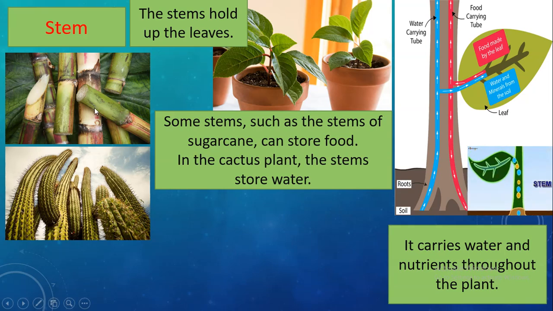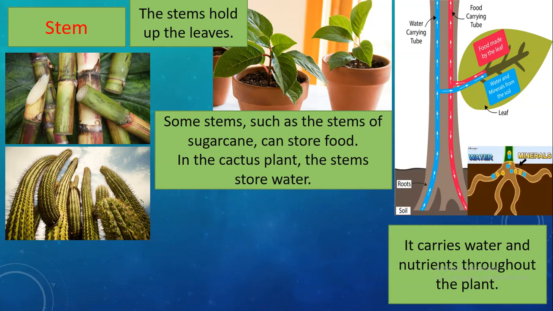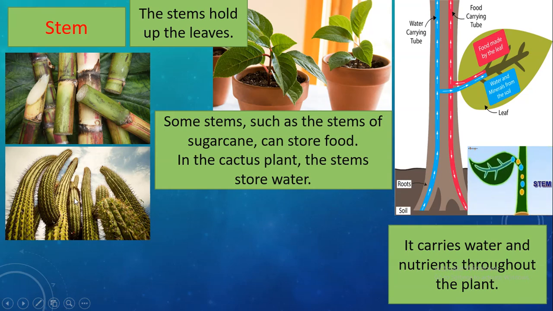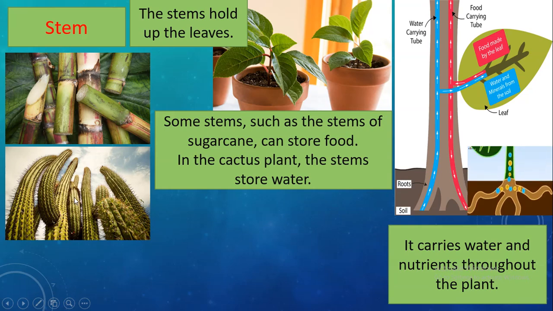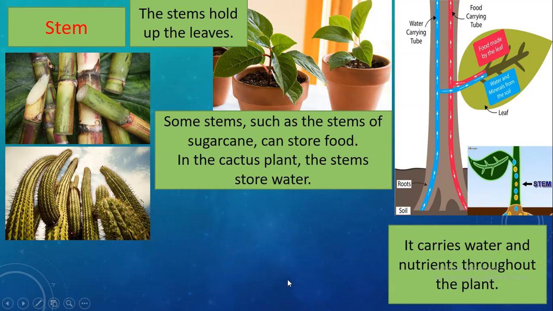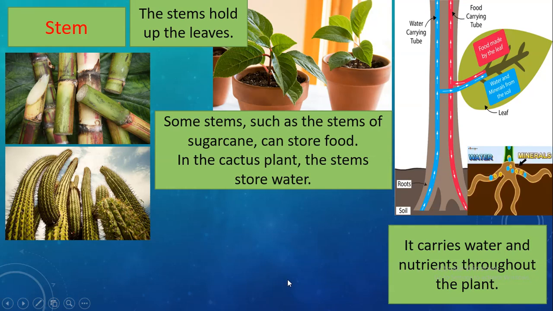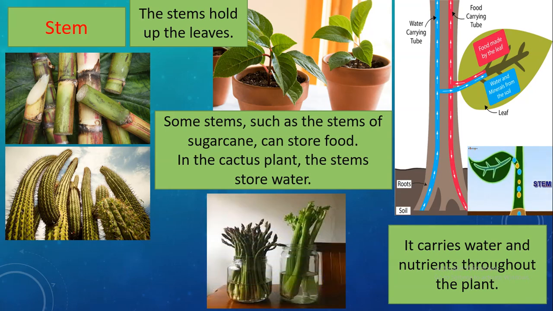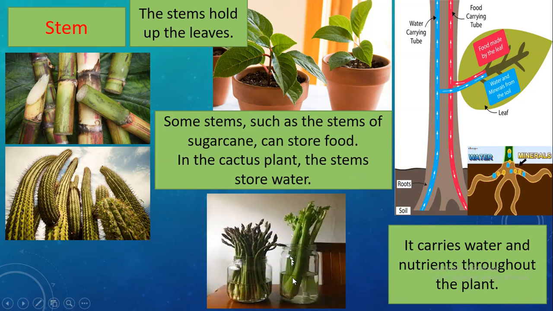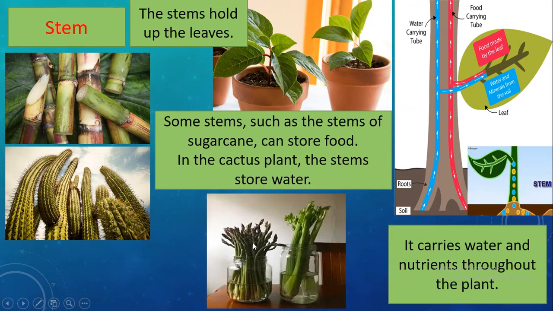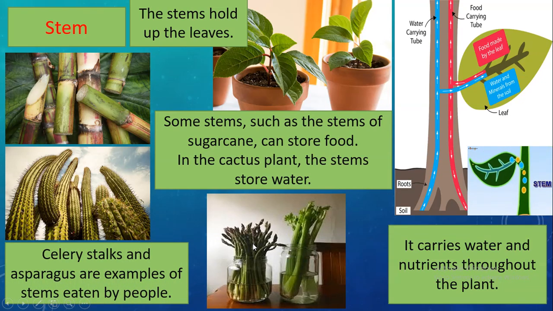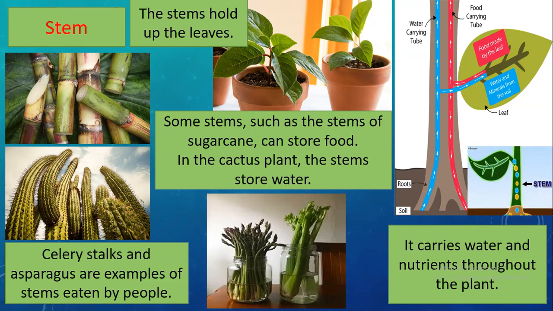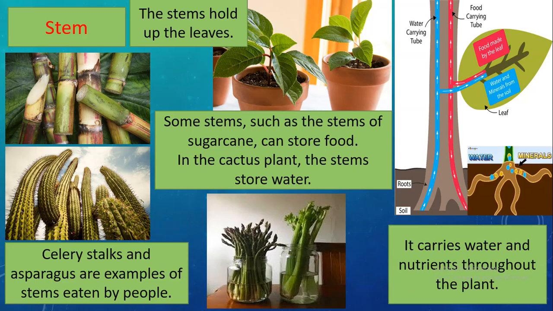Sometimes stems can store food like sugar cane, and some stems can store water like cactus. Can we eat kinds of stems? Yes, of course. We can eat celery stalks and asparagus. These are examples of stems eaten by people.